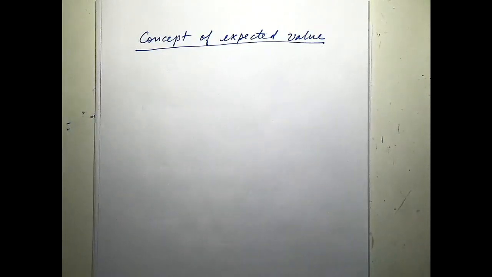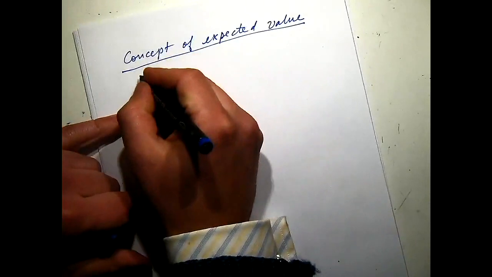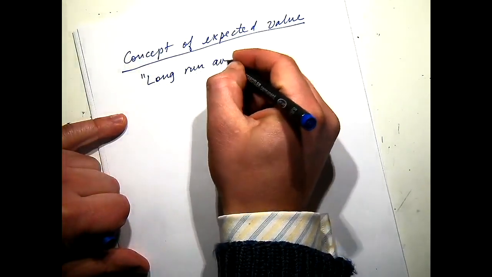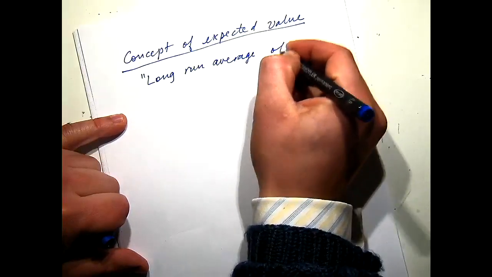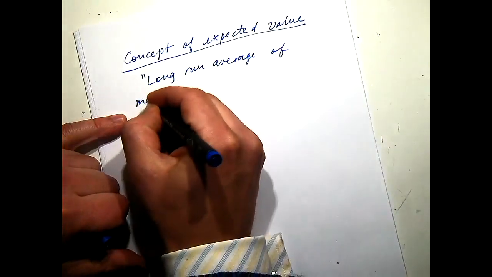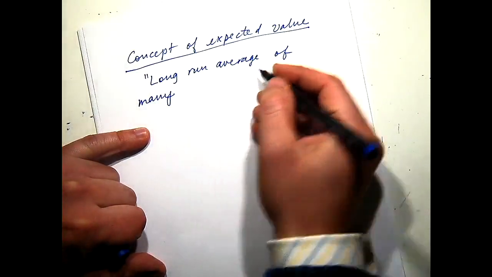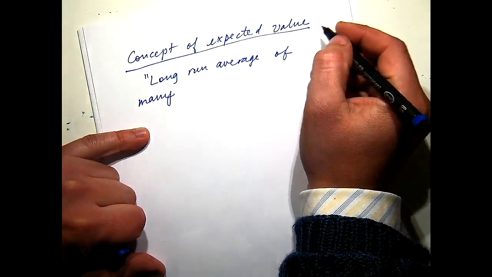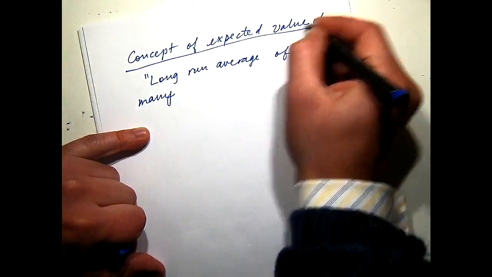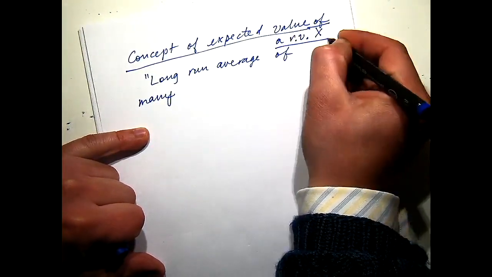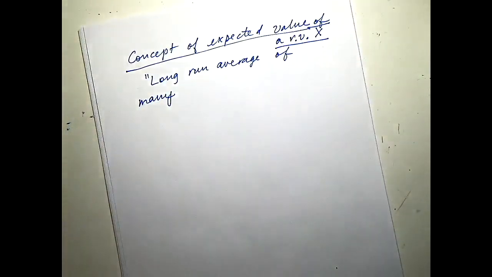Now, the key thing about expected value is that it has to be of a random variable X. So you have to have a random variable. It has to be a random number, not a letter or anything, to have an expected value.